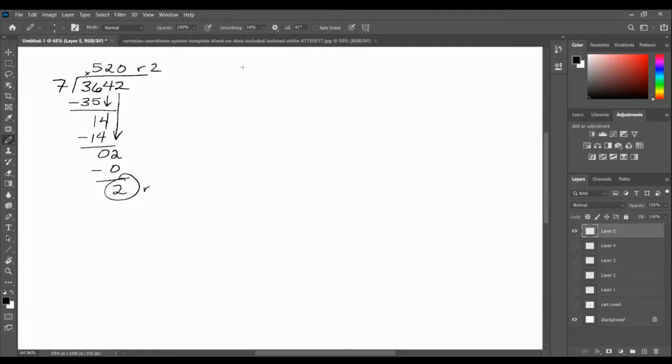And so we could say that 3642 divided by 7 equals 520, remainder 2. Or we could say that 3642 equals 7 times 520 plus 2. So you've got your divisor times your quotient plus the remainder.